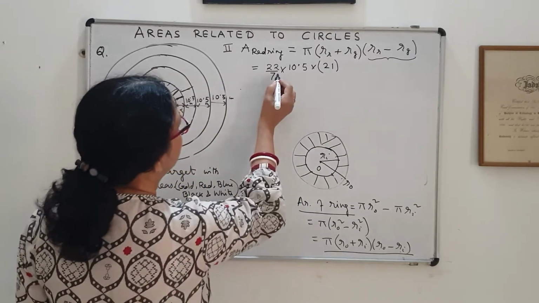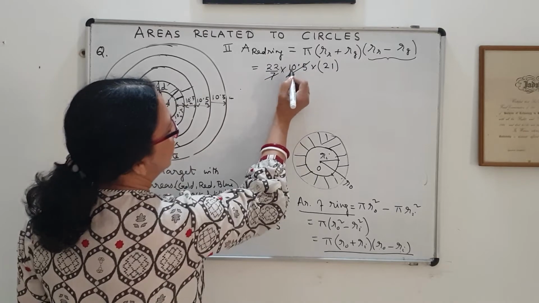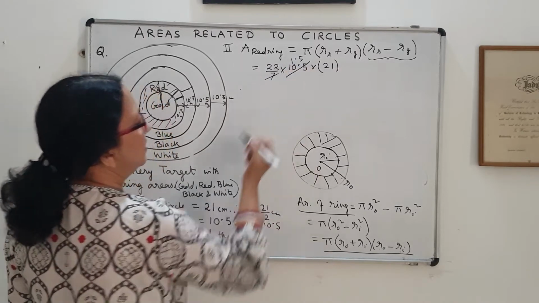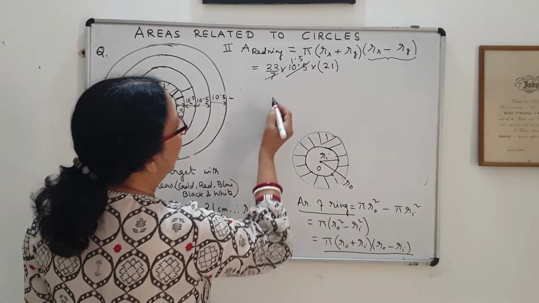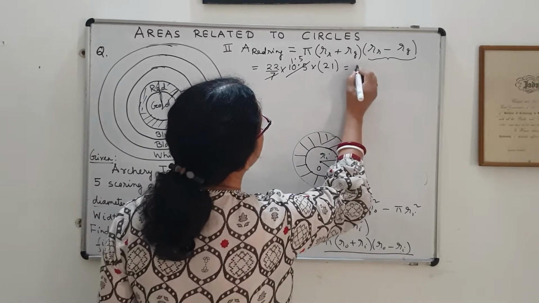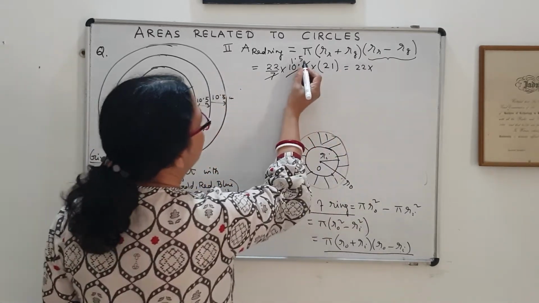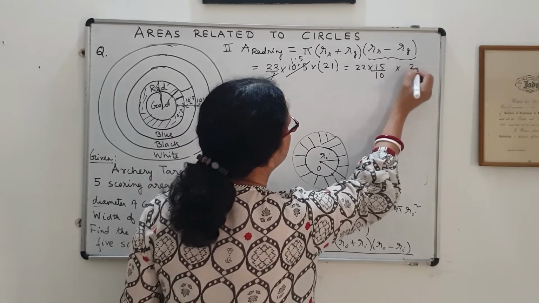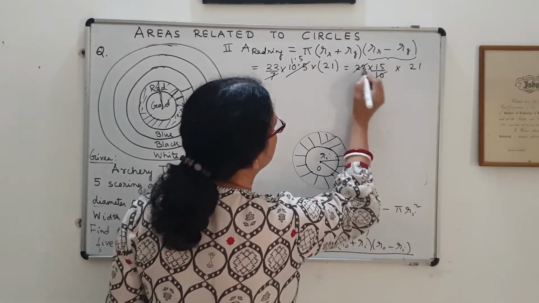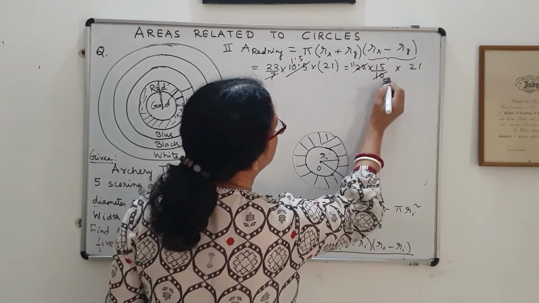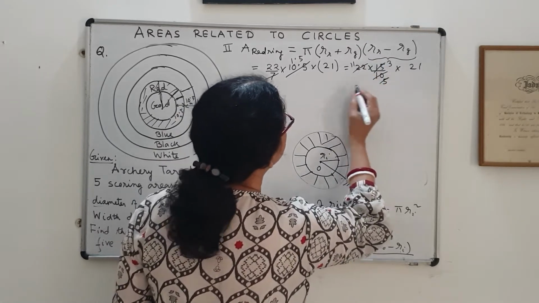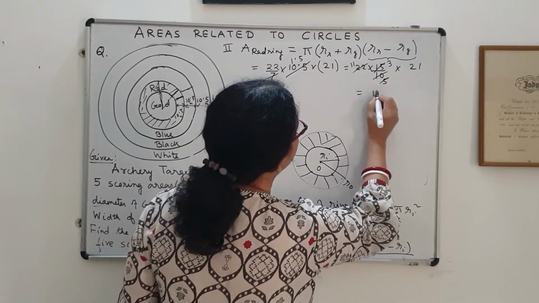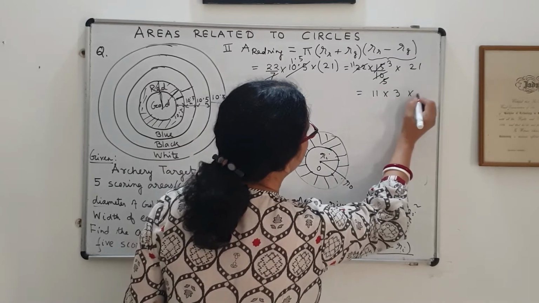And here you see what we will be doing. This will get cancelled because 7 into 15 is 105. And then 22 into 1.5, with 1.5 written as 15/10, comes out to be 11 into 3 into 21.